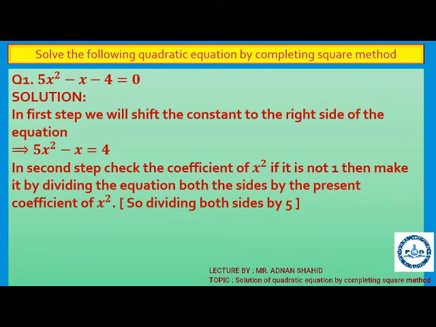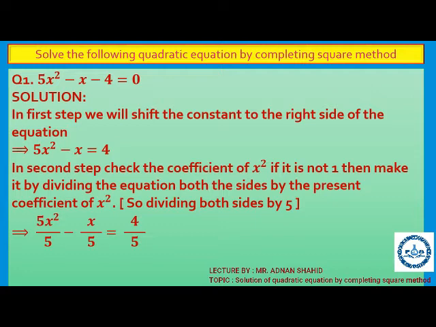Here the coefficient of x square is 5, so we divide this whole equation both sides by 5 in order to make the coefficient of x square 1. It must be remembered to focus on the steps while solving by the complete square method.